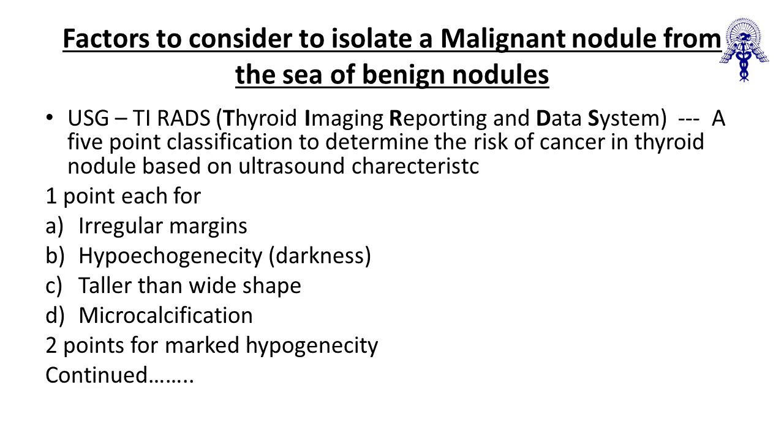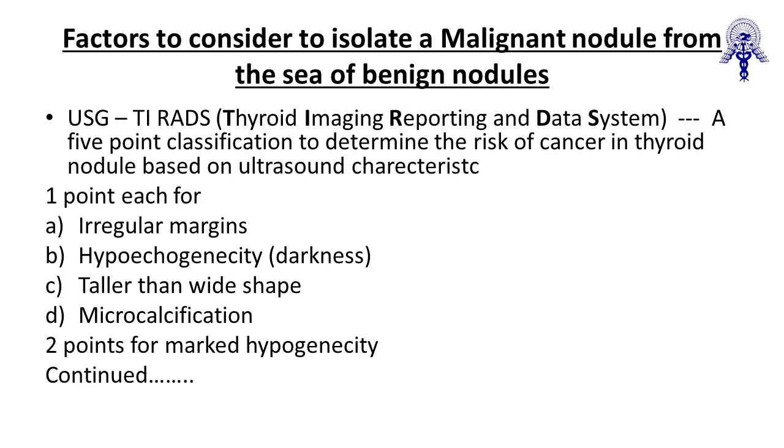And the American Imaging Association has designated 1 point for each of these points and 2 points where there is a marked hypoechogenicity, that is, the nodule is almost invisible in the ultrasonographic plate.